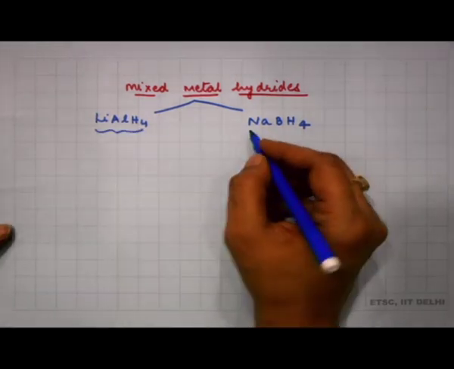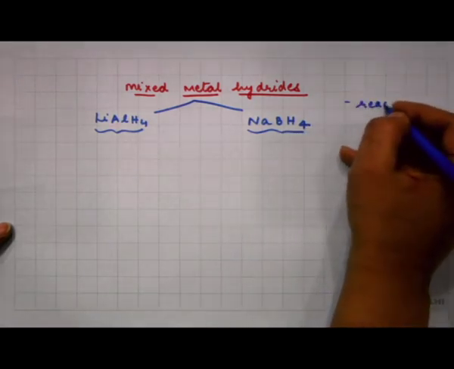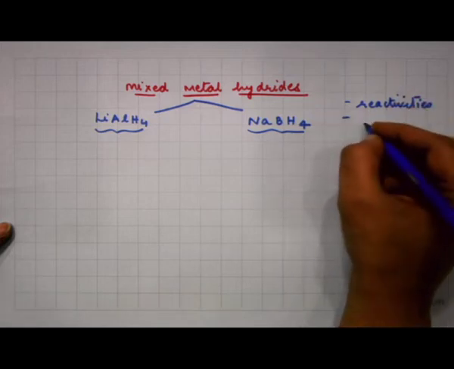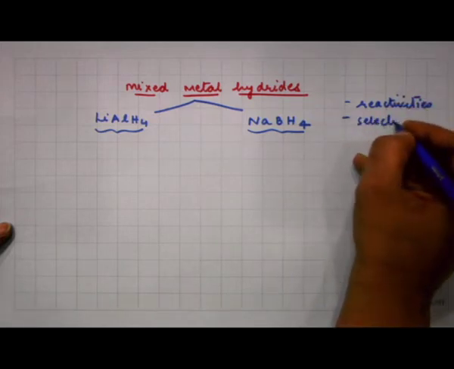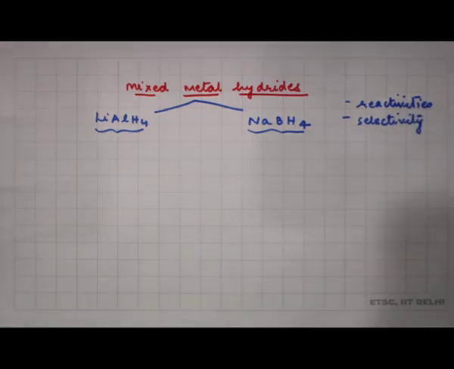Both of them are different in terms of their reactivities, and when I say they are different in terms of their reactivities, automatically there becomes a difference in the selectivity as well, because we know that anything which is more reactive becomes less selective.